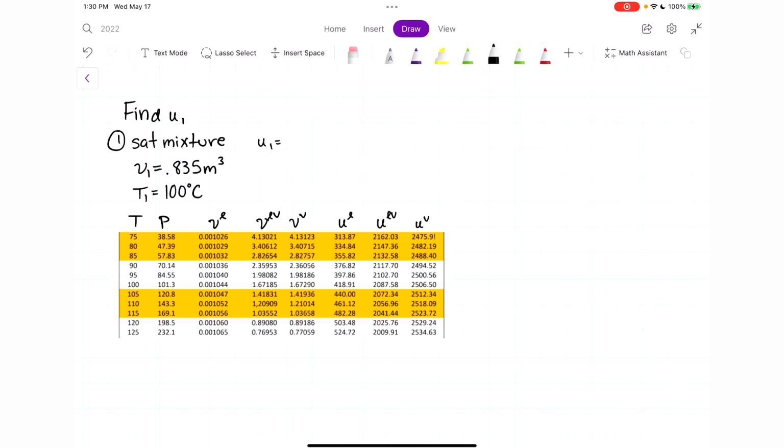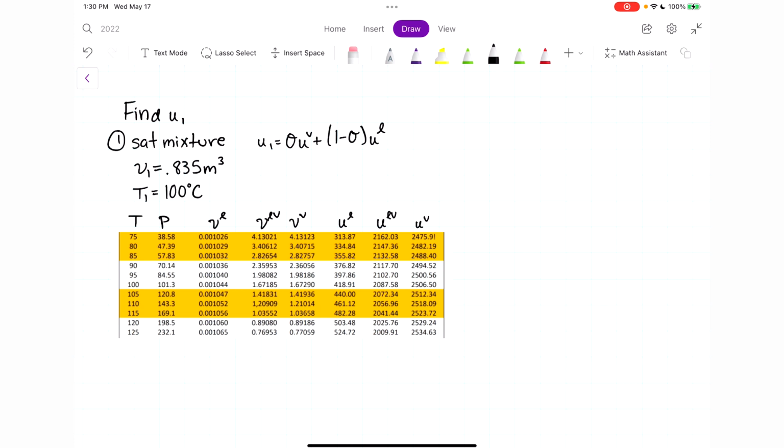U1 is equal to the quality times UV, the internal energy of the saturated vapor, plus 1 minus the quality times UL, the internal energy of the saturated liquid, like that.